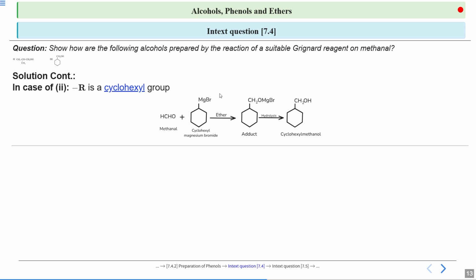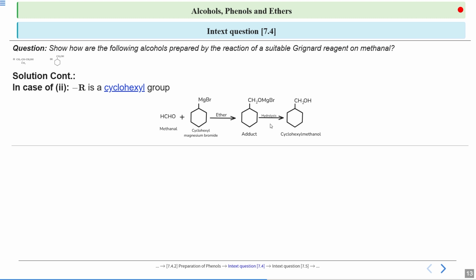Again, an adduct will be formed. That is, this magnesium will have a partial positive charge and this group has a partial negative charge, and this carbon will have a partial positive charge and oxygen will have a partial negative charge. So this R group will attack this carbon, giving CH2O, and Mg will attach to this oxygen. So you will get this adduct over here.